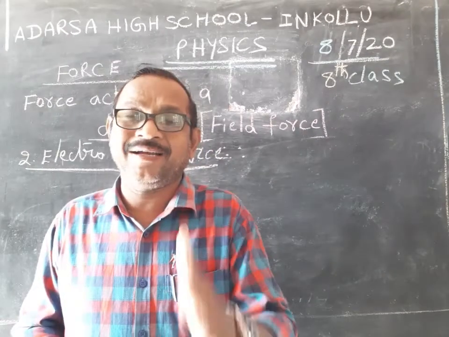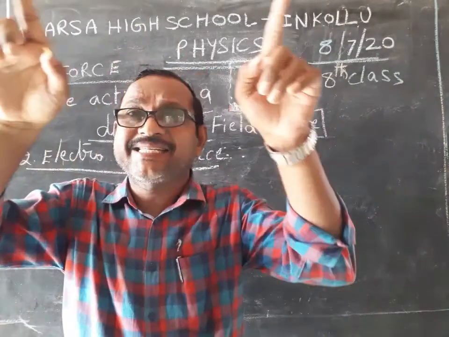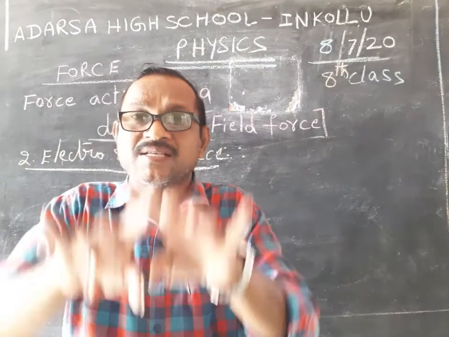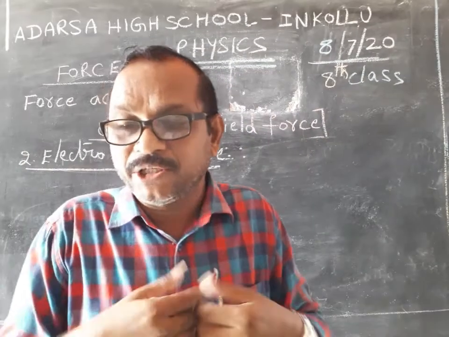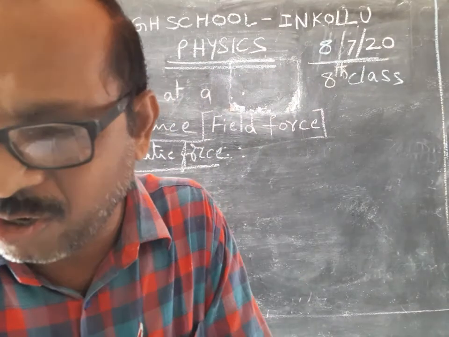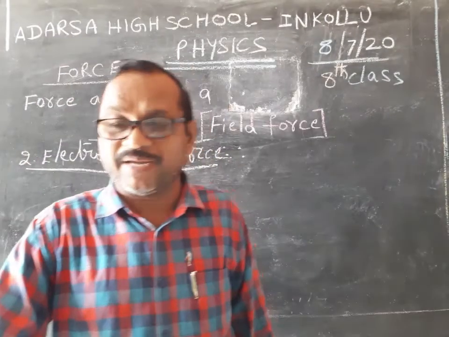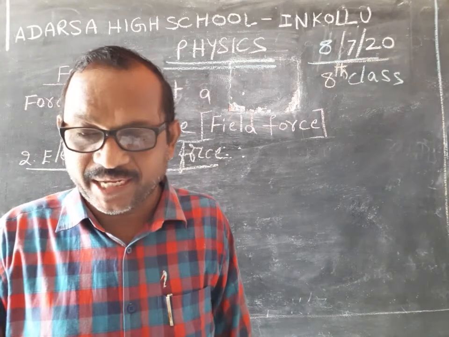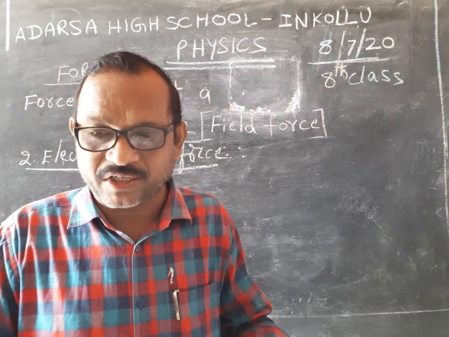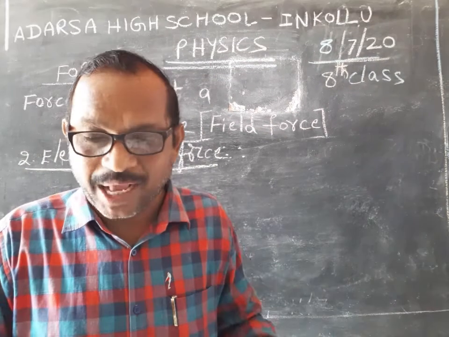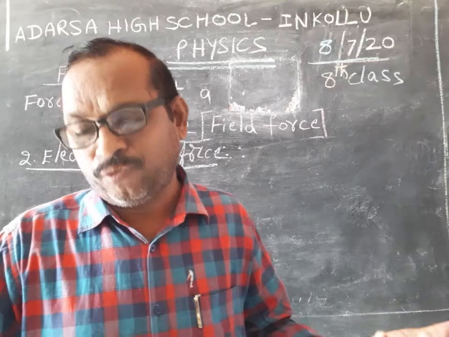Electric current or electricity stayed at the surface of the body is known as the electrostatic force. The force exerted by a charged body on another charged body is known as the electric force.